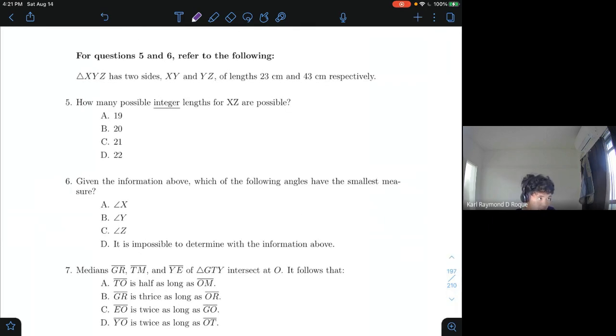Ito, how many possible integer lengths for XZ are possible? So, paano yan?